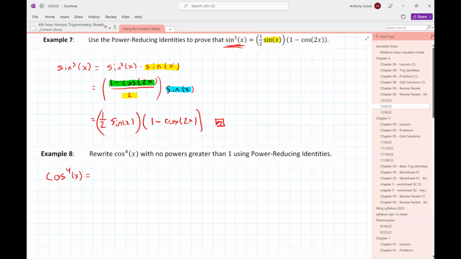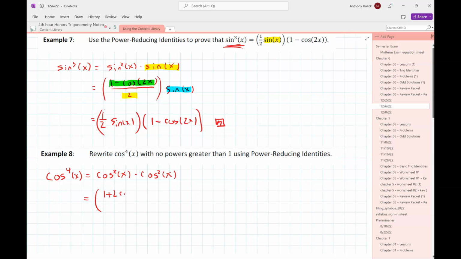Well, cosine to the 4th, I don't have a power reducing identity for 4th, but I do have it for squareds. So I'll just rewrite cosine to the 4th as cosine squared times cosine squared. I have power reducing identities for each of these.